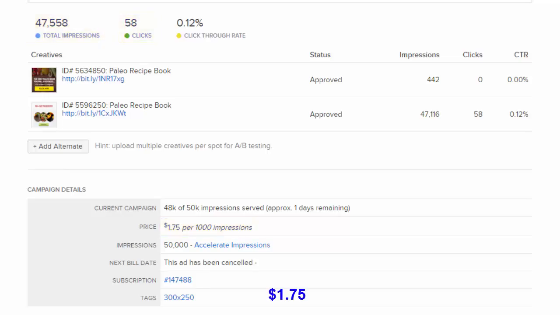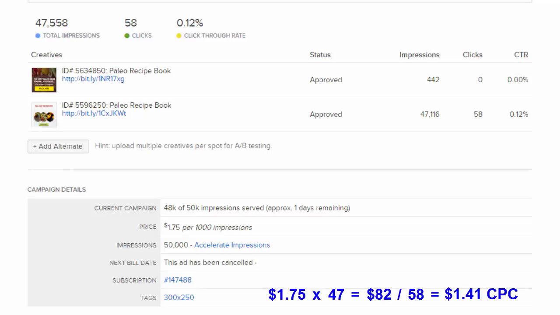Take the cost per 1,000 impressions and multiply it by the number of thousands of impressions I have already got, and that will give me the amount of money I have already spent so far in the ad campaign. That amount of money I will divide by the number of clicks, and that will be the CPC I'm actually paying to this publisher per click for people clicking on my ad on this website.